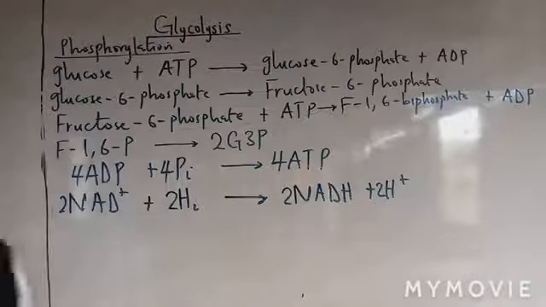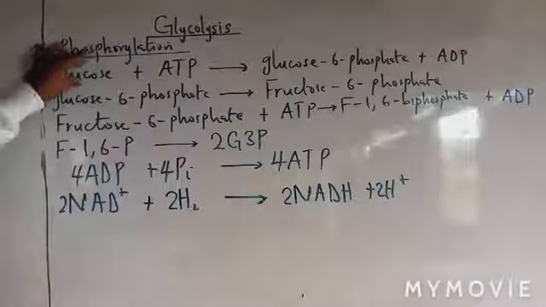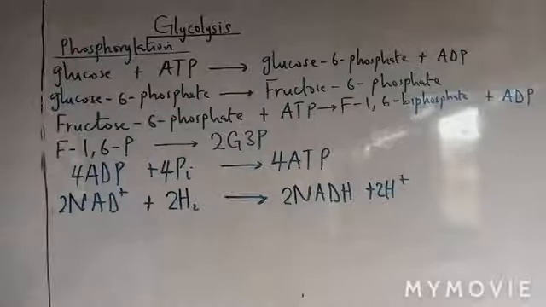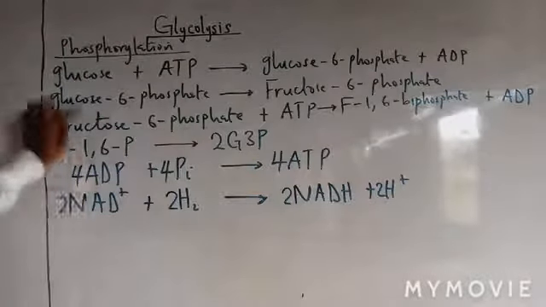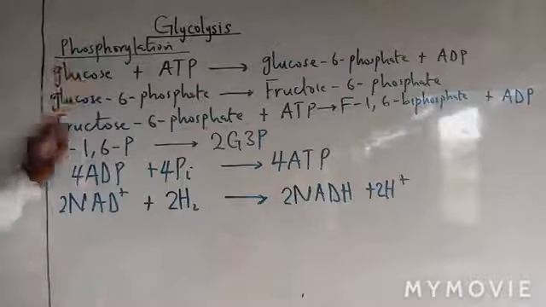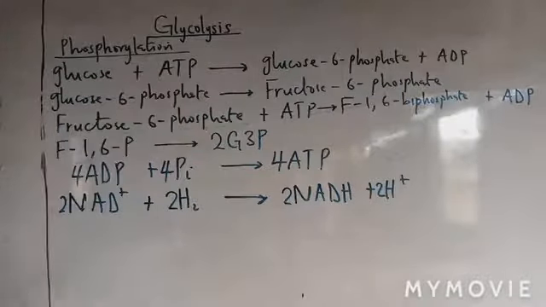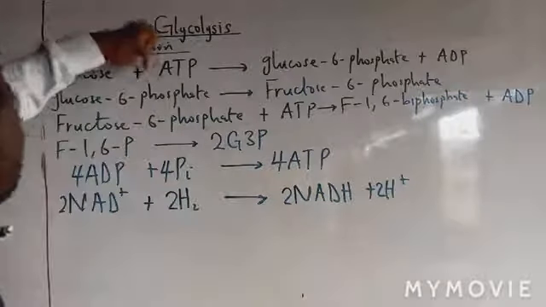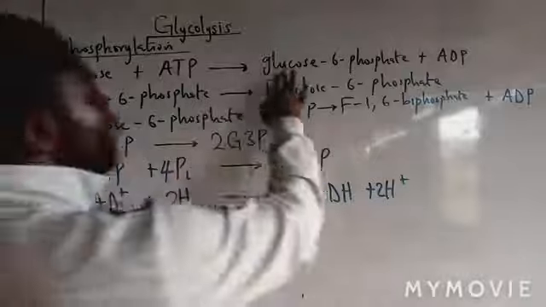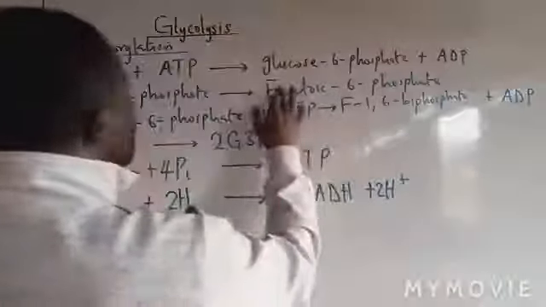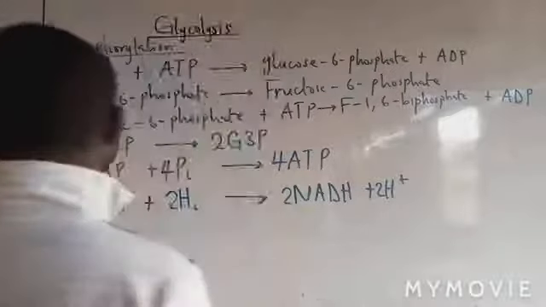Before I stop this video, let us have a recap. Glucose is a stable compound, so we need to make it unstable. By doing so, we have to add ATP. Glucose will take up inorganic phosphate from ATP to give us glucose 6-phosphate plus ADP.